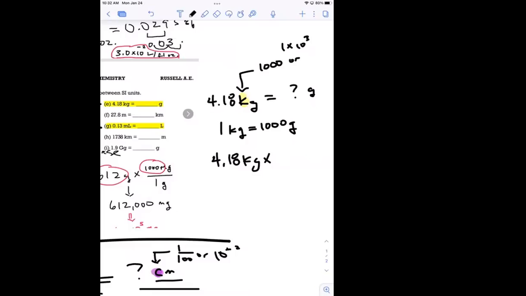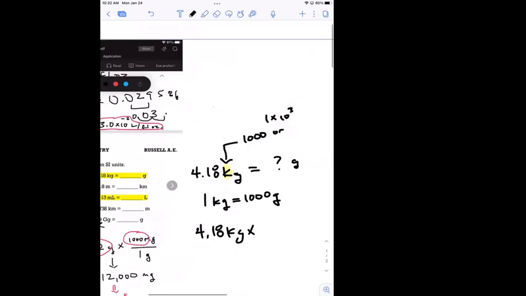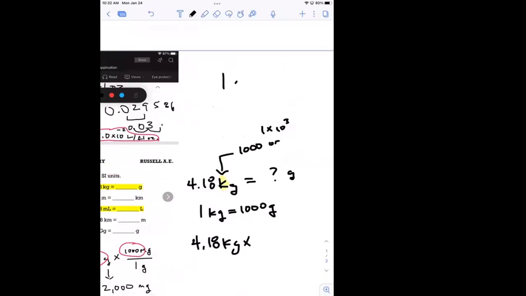Hecto is 100, but we didn't have that on our chart. We had micro, femto, pico, milli, and then centi, and then grams, and then it went straight to kilograms. But the 100 is a hectogram. But we're not gonna worry about that. For information purposes, that's what 100 is. And I'll put it there. Is that cool?